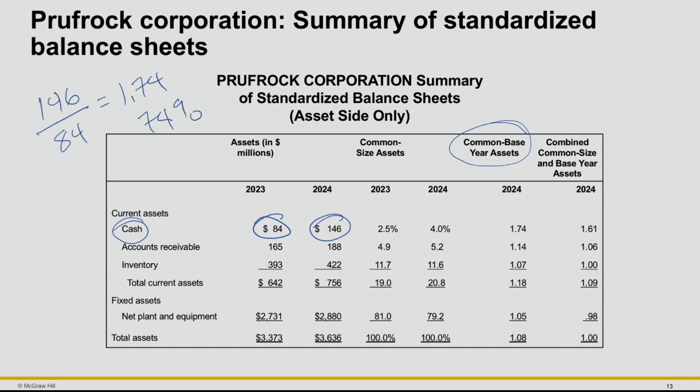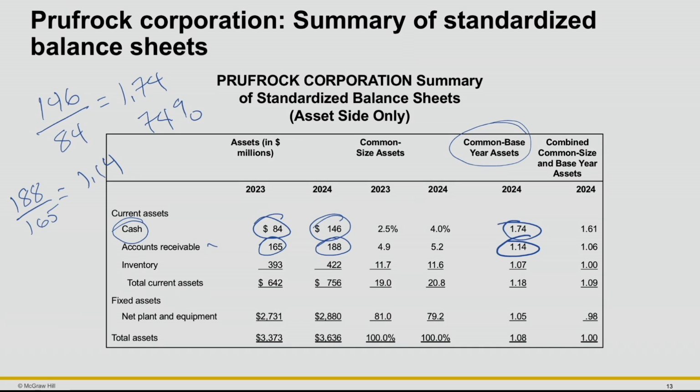Similarly, with the accounts receivable, 165 million up to 188. Again, 188 over 165 gives us 1.14. And so there we have our common base year for cash and accounts receivable, 1.74 and 1.14 respectively.